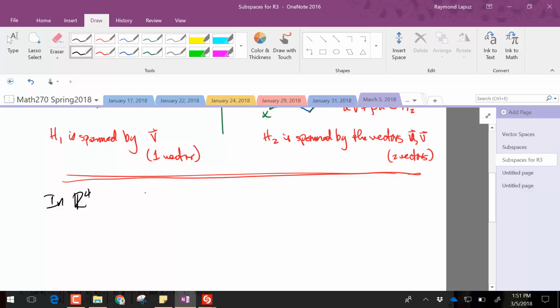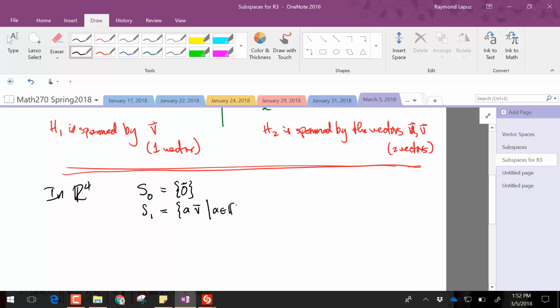We can have the 0 vector. I need to give it a name, so let's call it S0. S1 can be a space that's spanned by one vector. Alpha is a real number. So equivalently, this is a line passing through the origin.